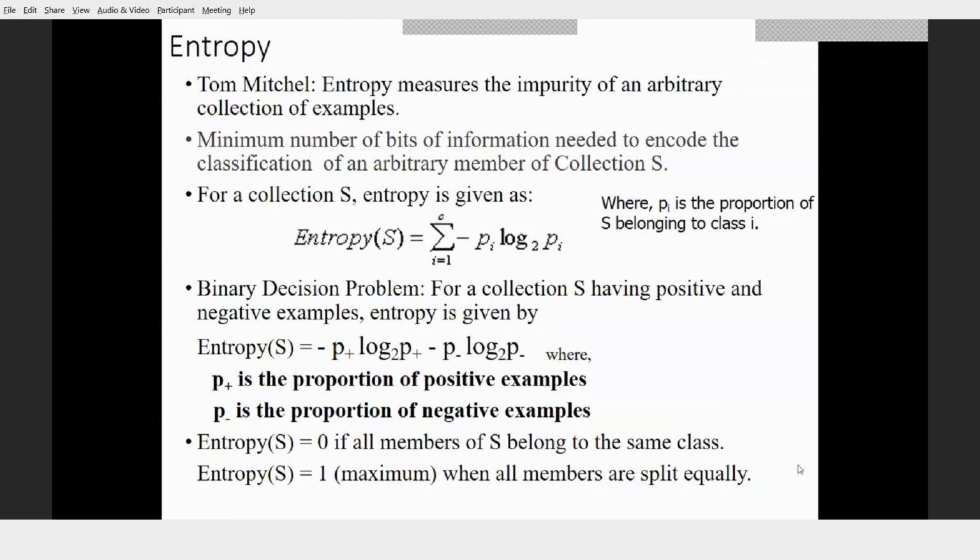Entropy, you must have studied in chemistry, entropy of gases, right? Maybe in 11th-12th. Yes, ma'am. That you remember. But when have you studied entropy in computer science? Ma'am, once in the machine learning course itself in the bachelor's.